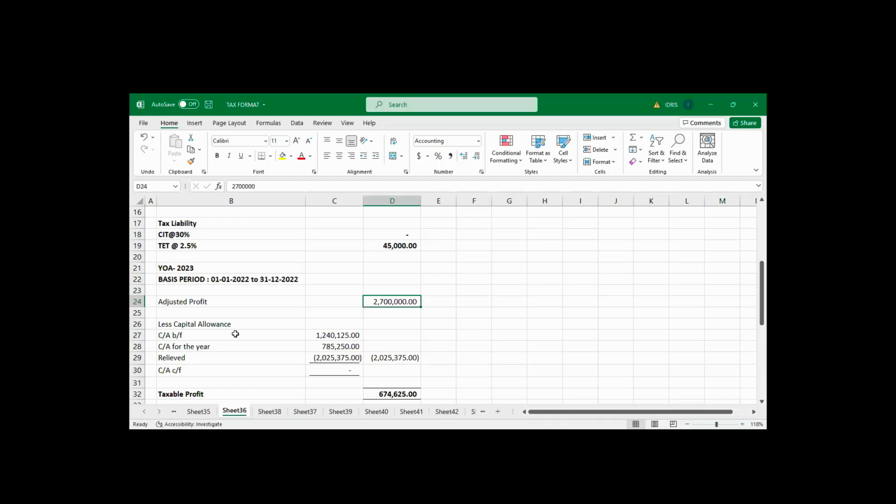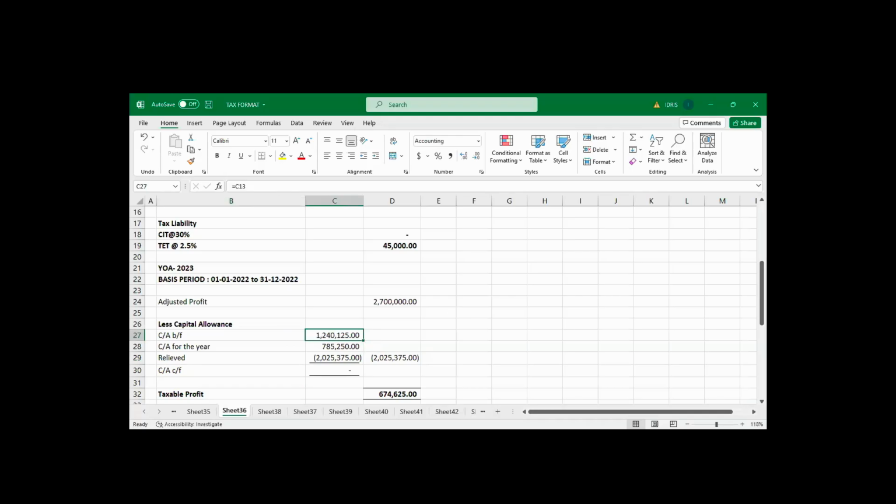Under the capital allowance, if we want to claim capital allowance, we will first of all bring forward the capital allowance of 2021, 2022 year of assessment that was carried forward. That one will be capital allowance brought forward. Can you remember this 1,240,125? Yes, sir.